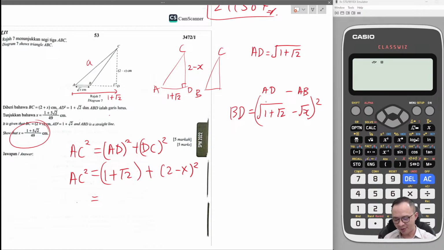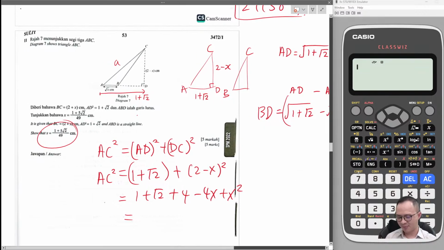If I expand this one, I get 1 plus x squared plus 4 minus 4x plus x squared. Yeah, after I got the AC, it doesn't seem helpful. What?